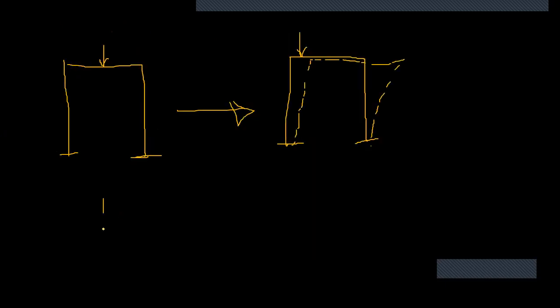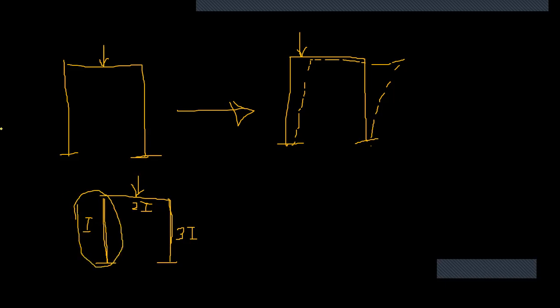Okay. The next thing is, let's say this is I and this is 2I and this is 3I. So this frame will sway even if you are at the middle. Why? This has relatively a lower stiffness than this, right? This is more prone to be moved, right? In such a case, asymmetric, even the geometric configuration, something like this, even if you are at the middle.